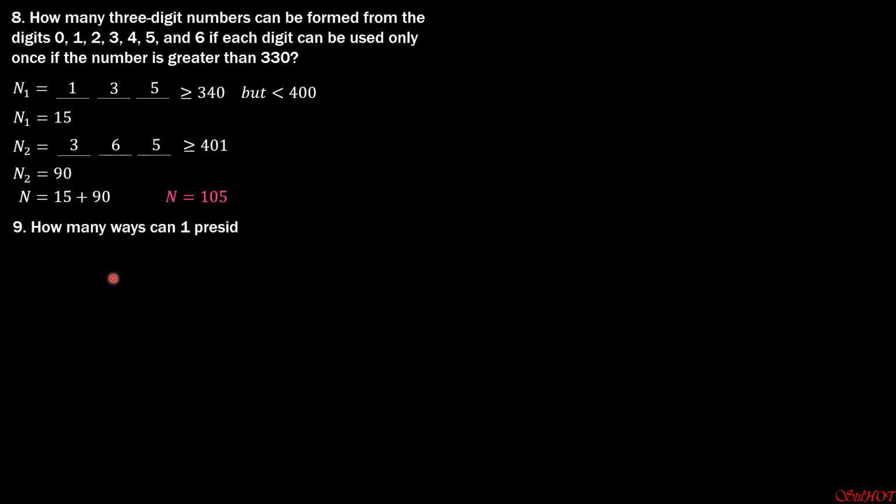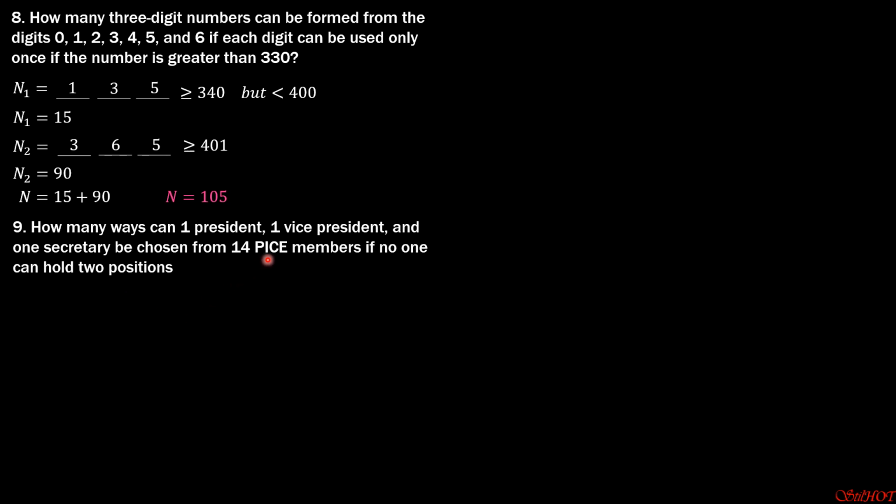So problem 9: how many ways can one president, one vice president, and one secretary be chosen from 14 PICE members if no one can hold 2 positions? So this is permutations of 14 members taken 3 at a time. So 14P3 is 14 factorial over quantity 14 minus 3 factorial, or the shorter way is by the fundamental principle of counting, 14 times 13 times 12.